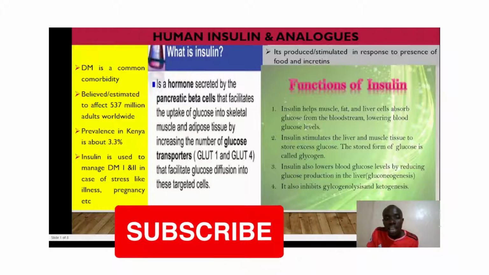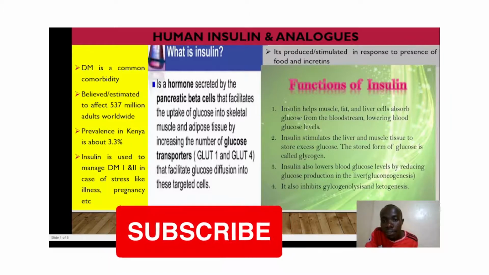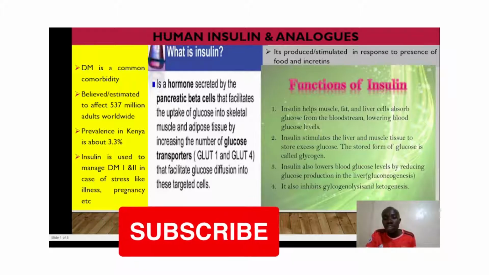But it can also be used in type 2 diabetes, in situations such as when you have an illness or any other stress on the physiology of the body, like pregnancy. You will be using insulin.